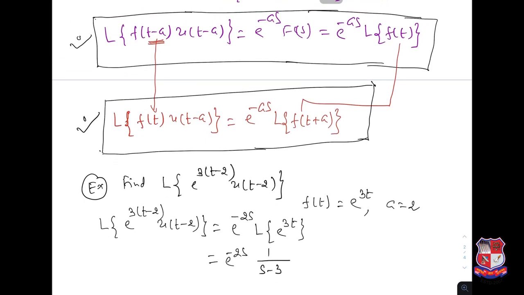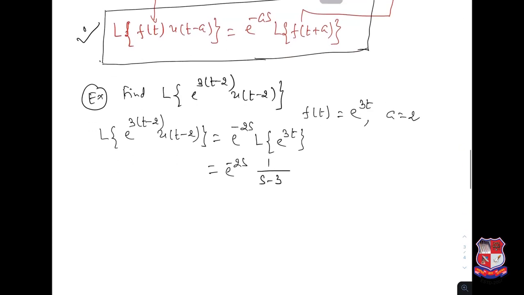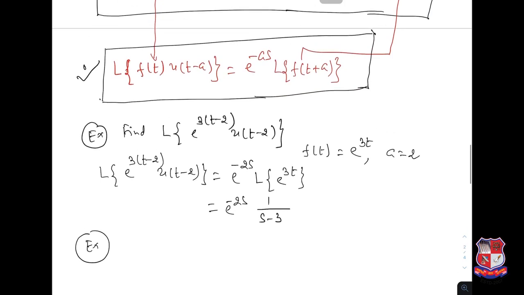Now take another example where we need to use this kind of result. You are given f of t. Here you are given f of t minus a. Let us see this part.